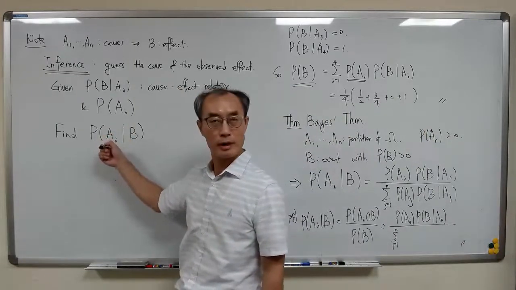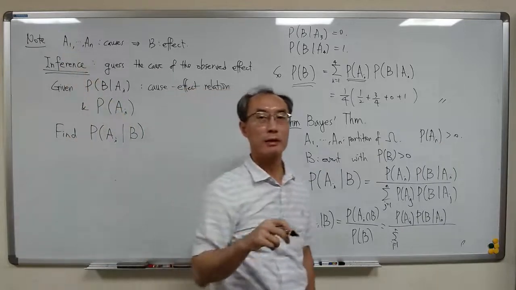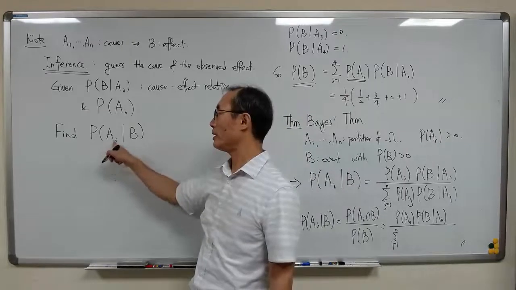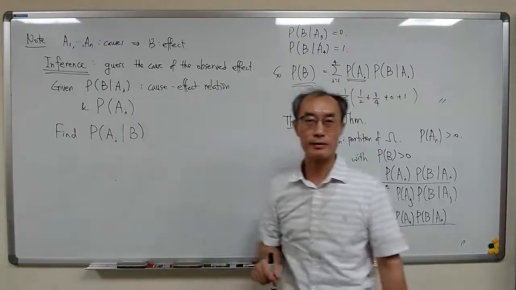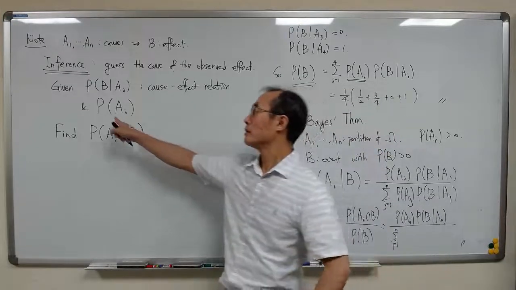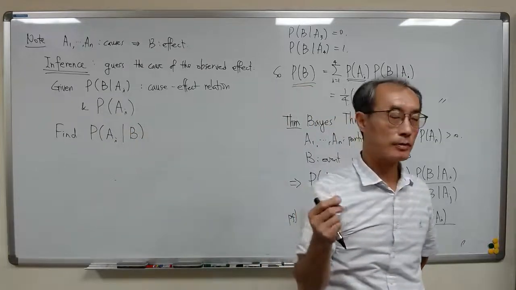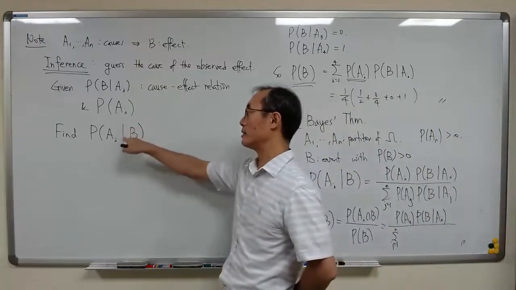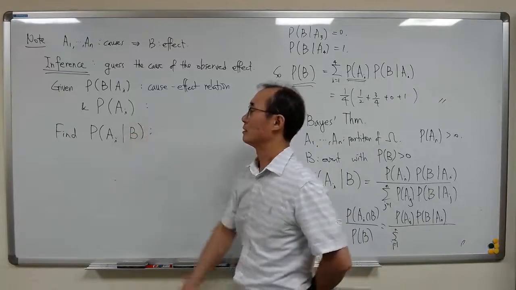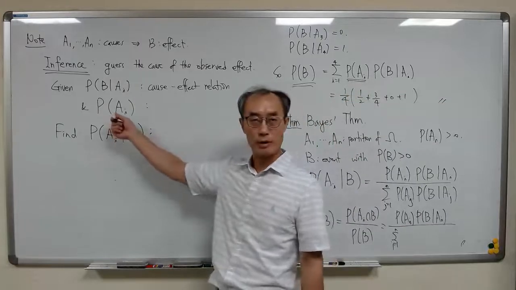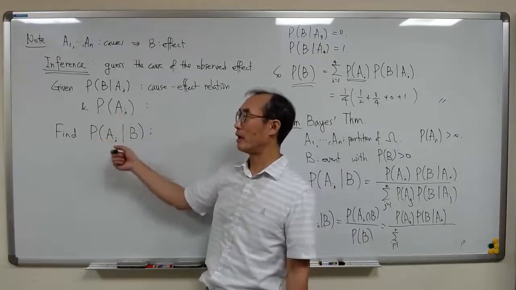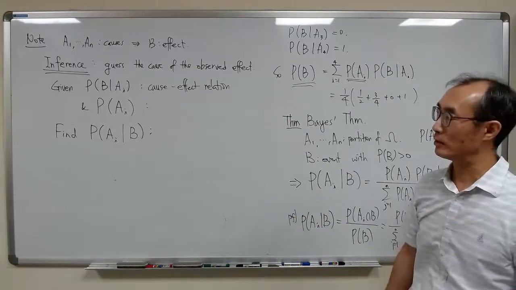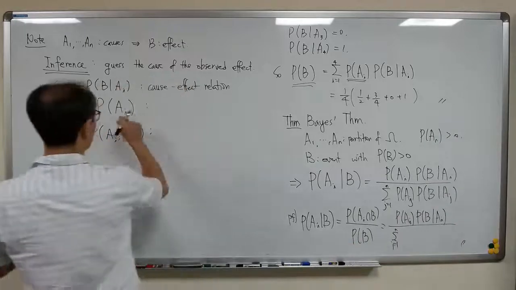So basically we want to compute the probability of Ai, one of the partition, given the effect. This is the conditional probability of Ai given the effect, and this is the probability of Ai itself. Those two are essentially the probability of one cause Ai. The difference is whether you are given the condition B or not. And there are names to distinguish those two probabilities of cause Ai.